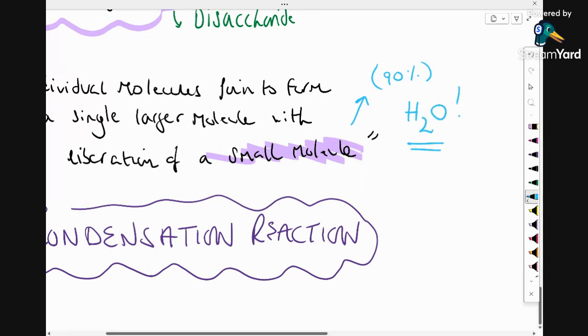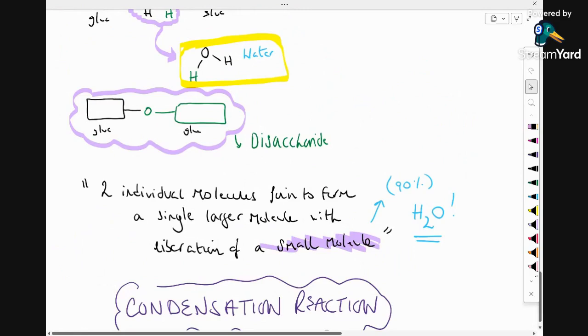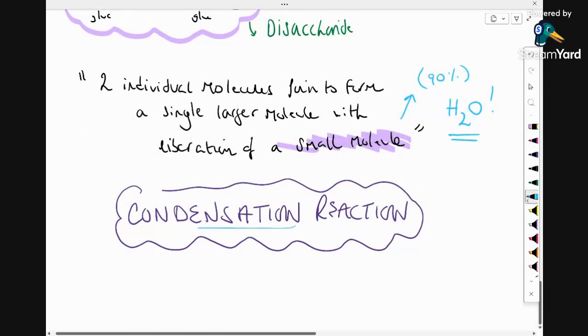Because in biological systems, we have lots of hydroxide groups, as you've seen here. And condensation happens when we have water forming, when you get out the shower, or it's a cold day, and you look at the window, you've got water droplets on there. Condensation, water has been produced.